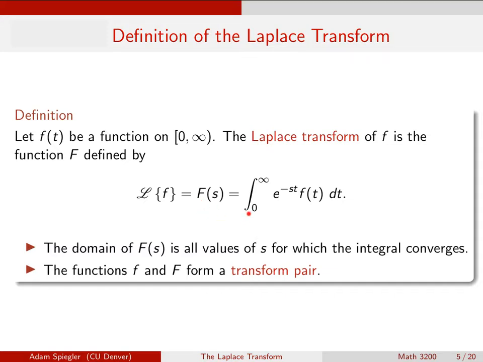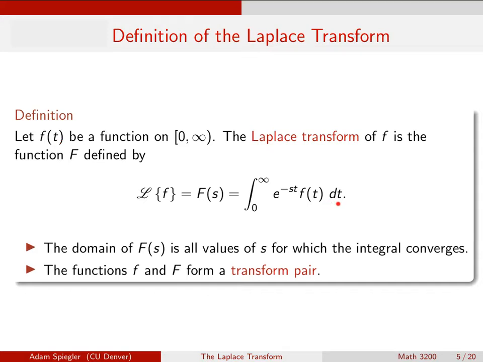And it is defined as the improper integral as t goes from 0 to infinity of e to the minus st times our function f of t dt. There are a couple of letters floating around in here, so it's good to note that we start with a function of t.